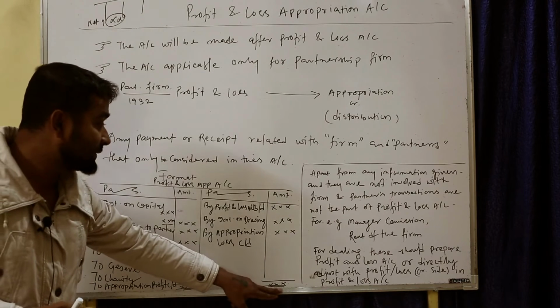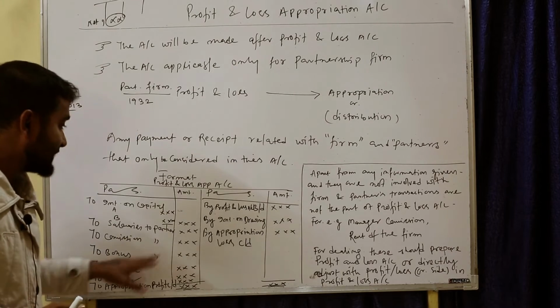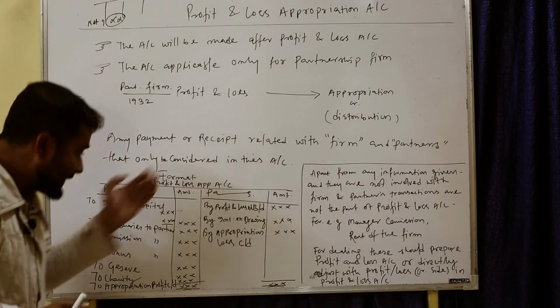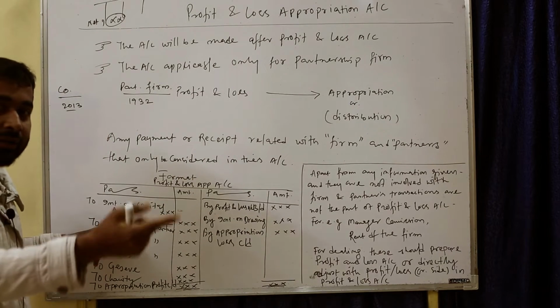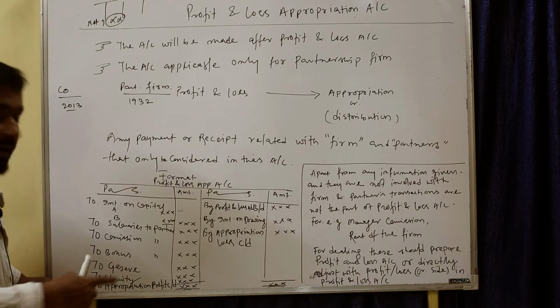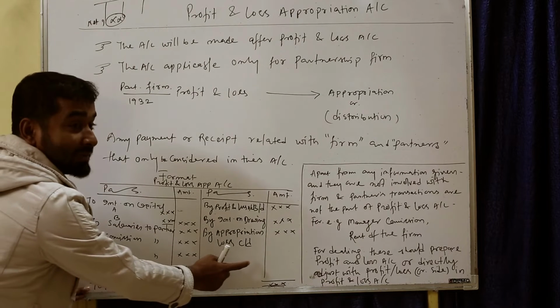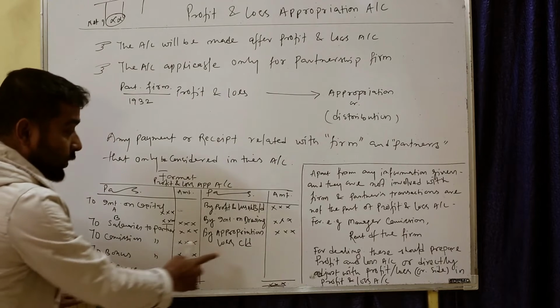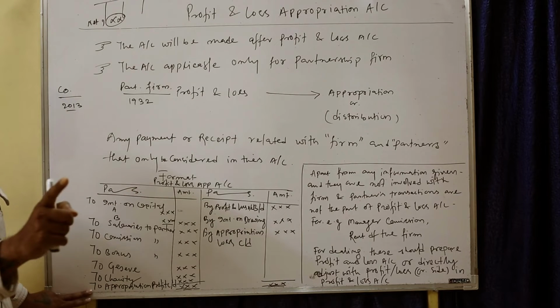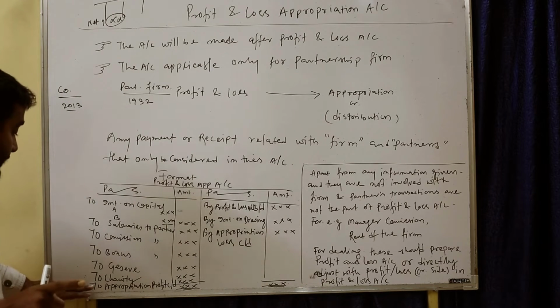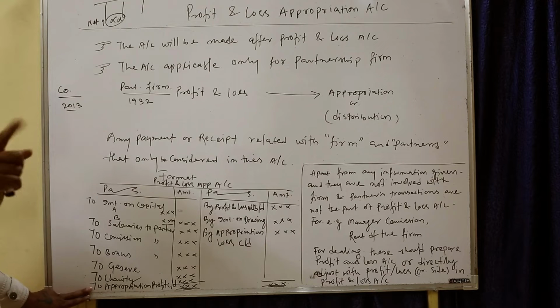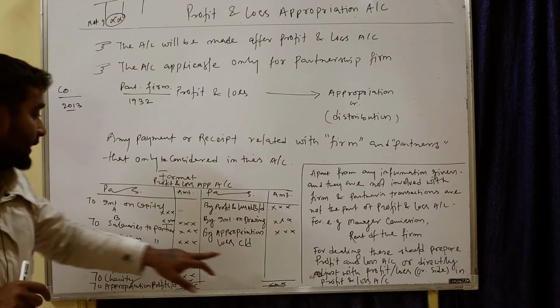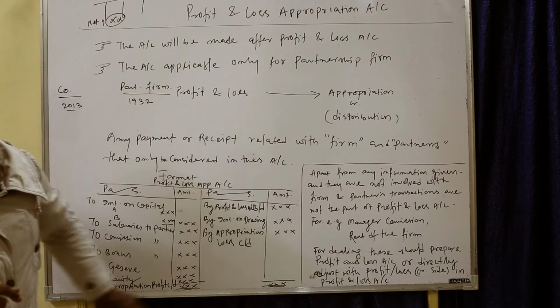So if the income side is more than the expenses, the balance is shown on the debit side, and this balance is known as the credit balance of profit and loss appropriation account. Remember that a balance shown on the debit side is nothing but the credit balance, and a balance shown on the credit side is known as the debit balance.